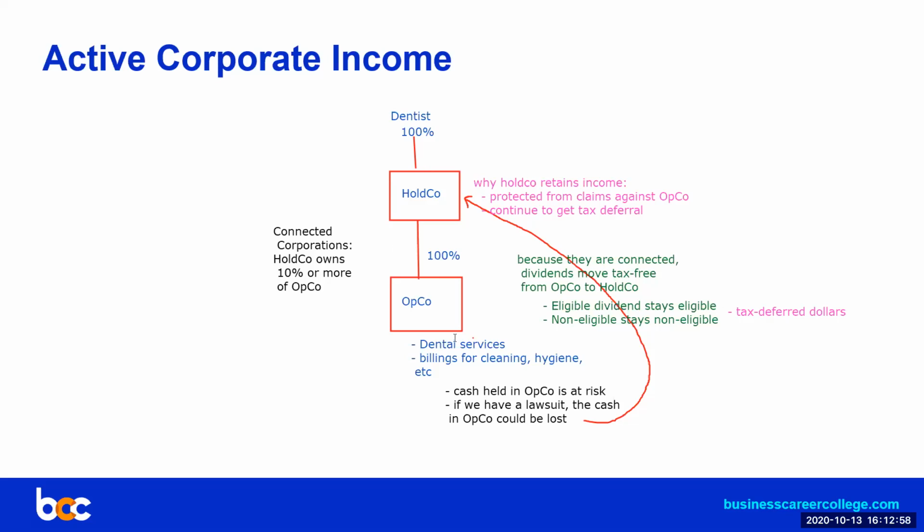Okay, I'm still getting to my point here. So now I have a bunch of cash sitting in Holdco. And here's what's going to happen. Holdco uses some of that cash to buy the building that's going to house the dentist's practice.